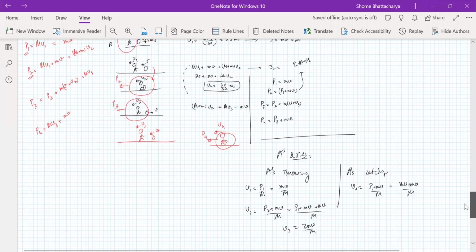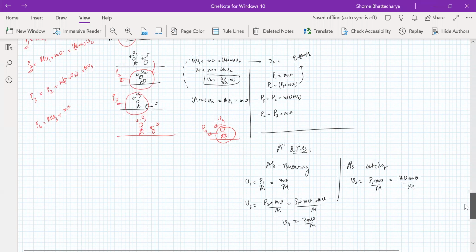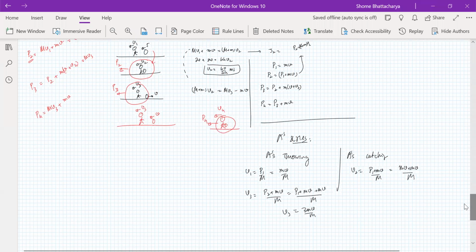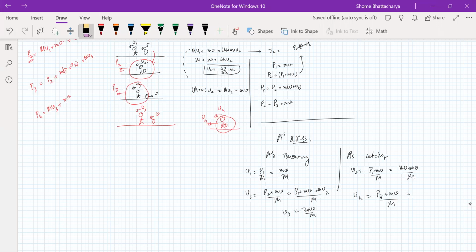Okay. Now when he catches the ball the next time, the velocity becomes P3 plus mv divided by m. And P3 was P2 plus mv plus mv2. So P1 was mv, so this will become 2mv plus V2 was this, no?